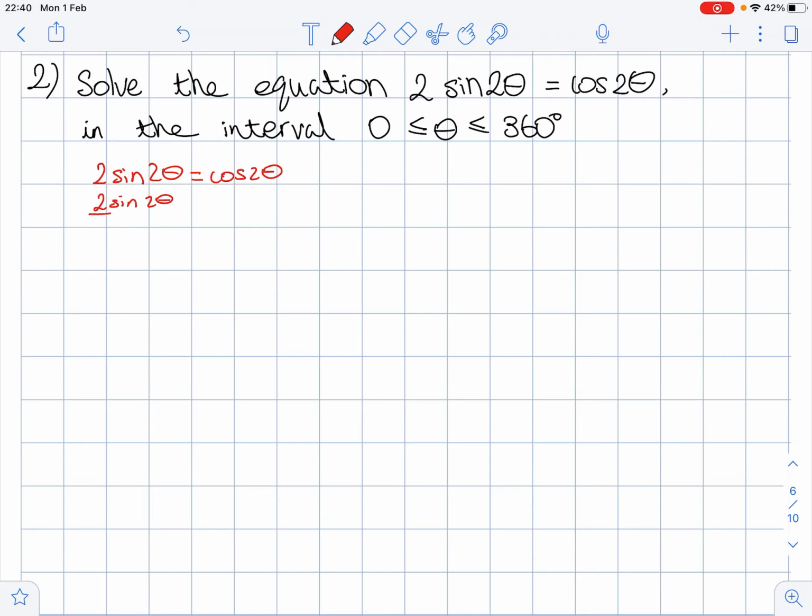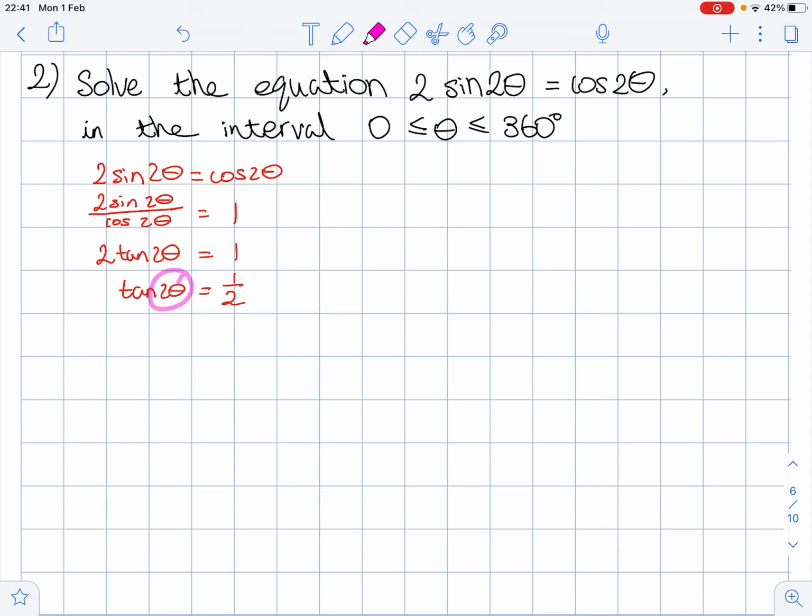So I have 2 sin 2 theta over cos 2 theta equals 1. Remember, sin divided by cos becomes tan. So this simplifies to 2 tan 2 theta equals 1, so tan 2 theta equals 1/2.